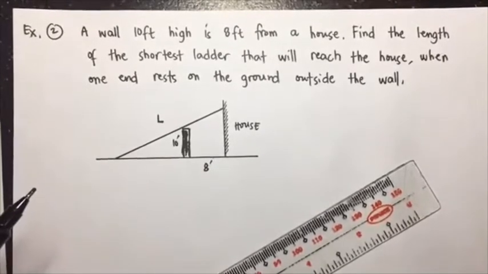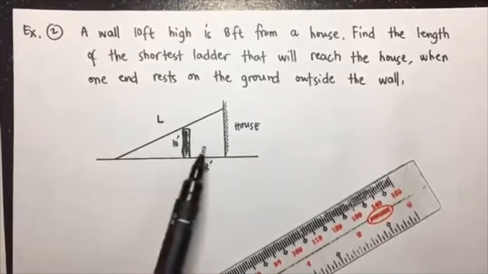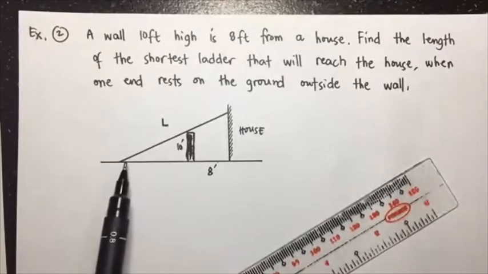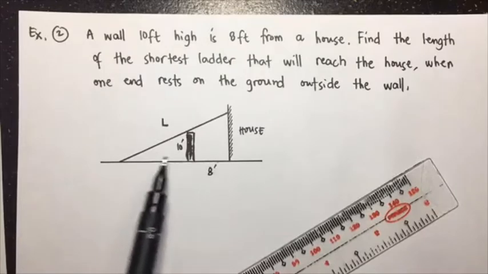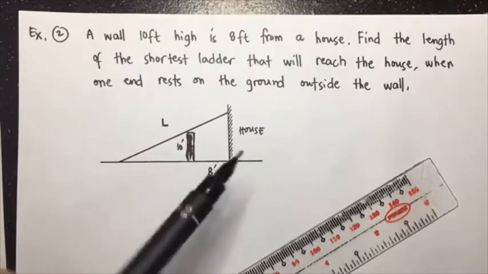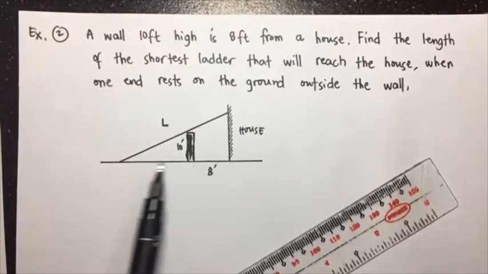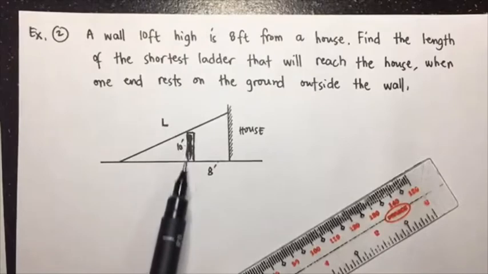Okay. So we will solve this using trigonometric functions. So as you can see, obviously we have here a right triangle, with the legs corresponding to the ground and the house, and also the wall.